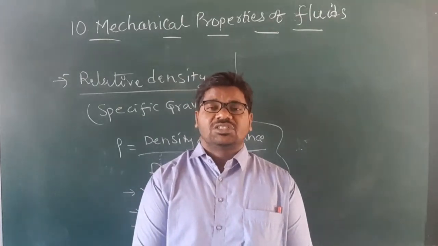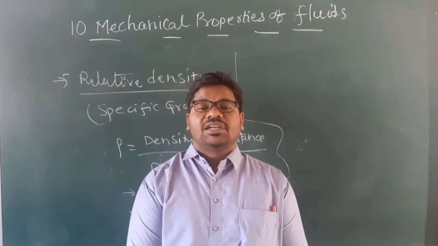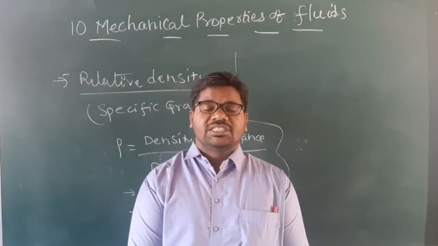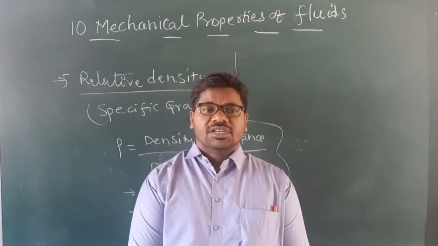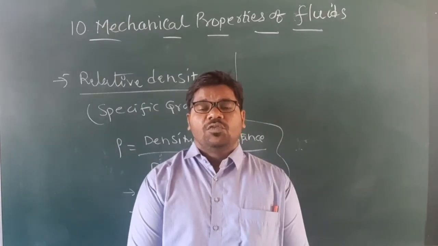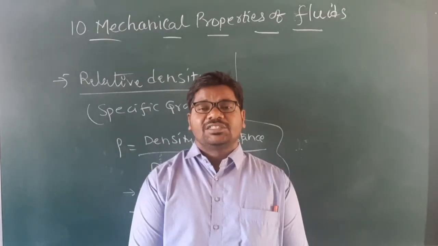Next, thrust. Normal change in momentum per unit time is called thrust. The SI unit of thrust is Newton. Next, pressure. Pressure means normal force or thrust per unit area.